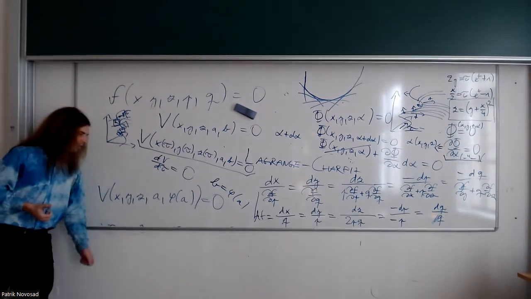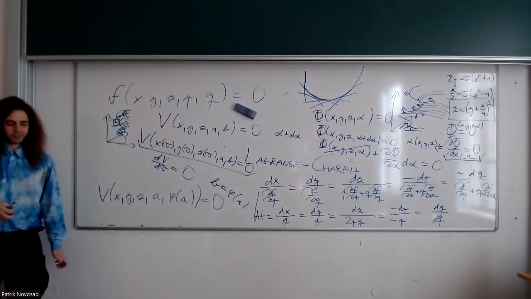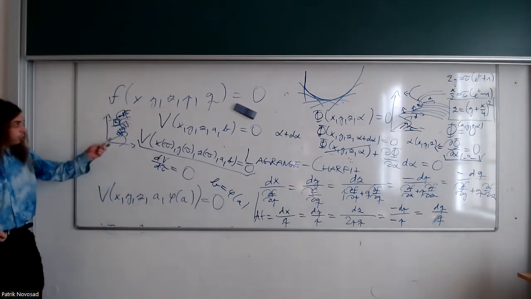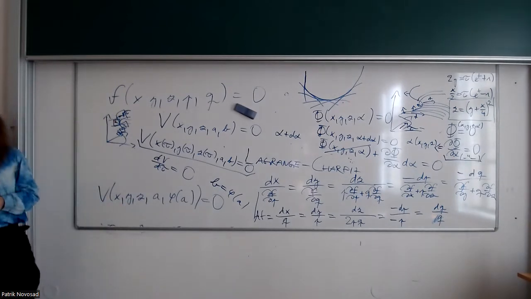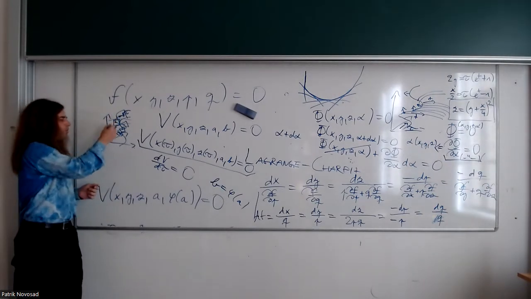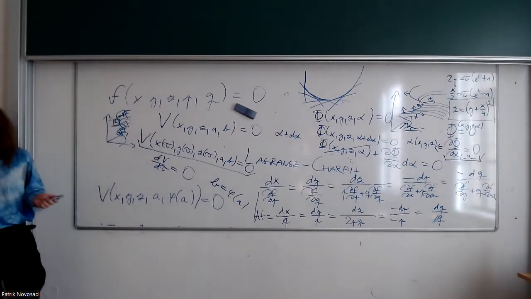So we just get one parameter. And now we know that this one parameter family goes through all the points of the initial delta curve, and it touches the curve at each of those points.